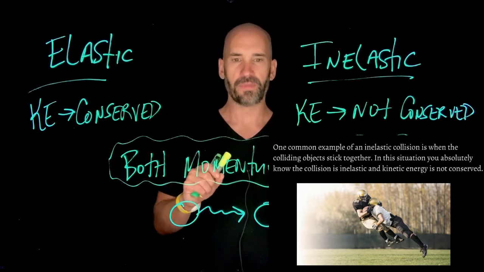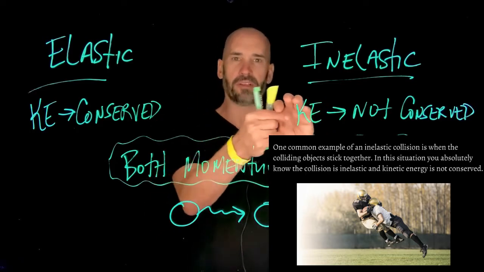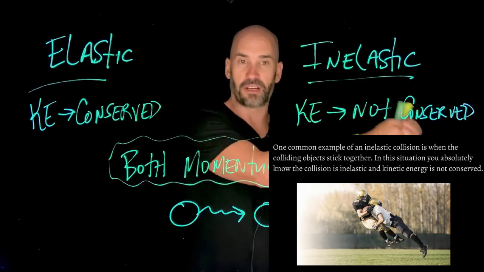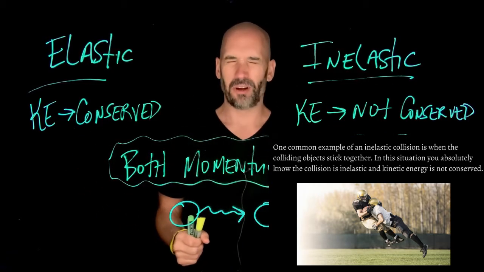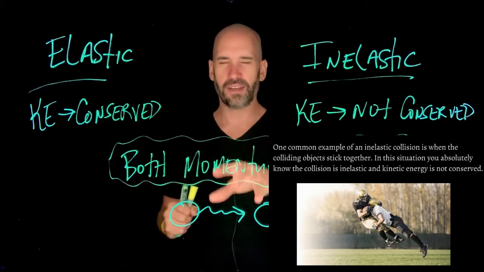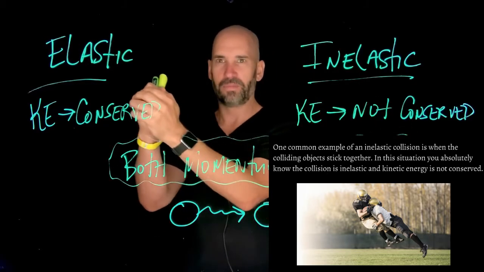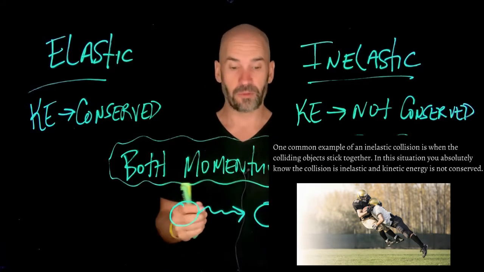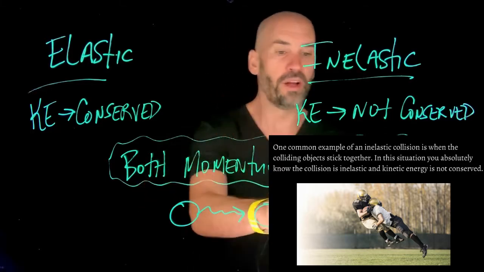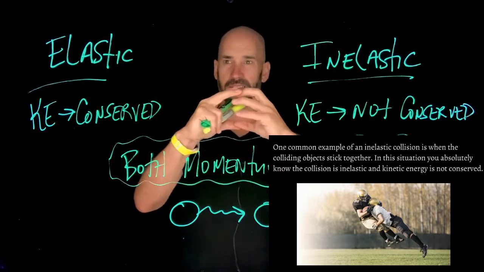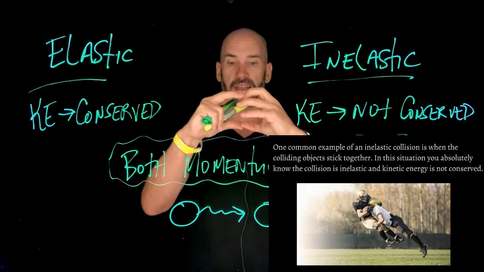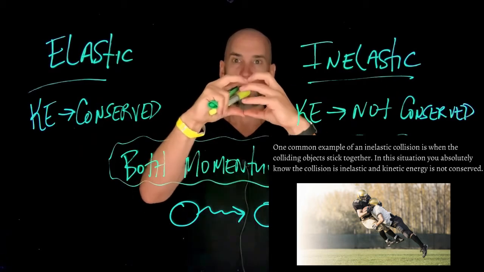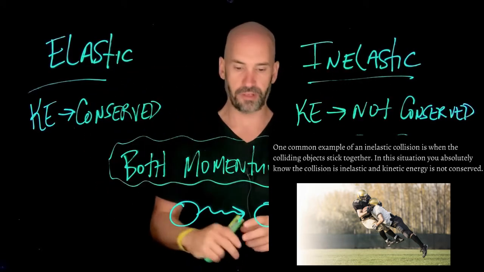Examples of collisions where you have a bullet in a block and the bullet gets stuck in the block, or a soccer player comes up and tackles another soccer player, or somebody throws some putty at another piece of putty and they stick together and go off and move together. Or the opposite of that, you have something that was together originally, like an explosive of some kind, and it explodes in the sky. That's also inelastic because it was stuck together at first and then separated.